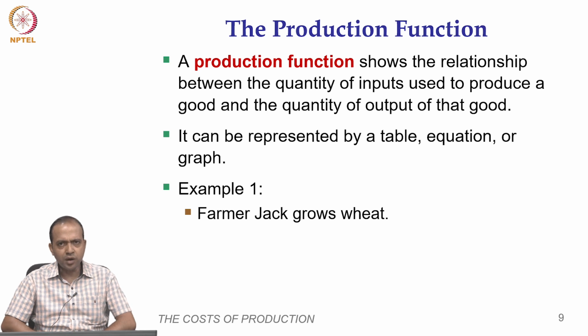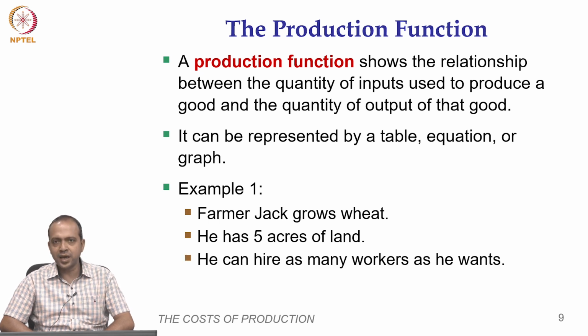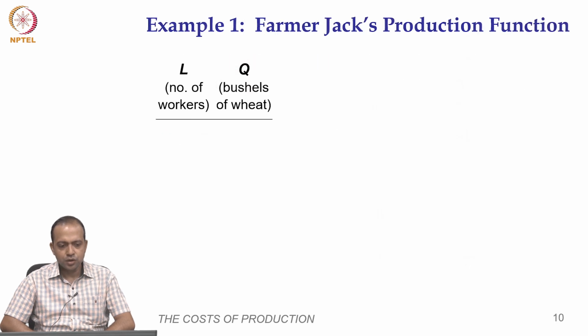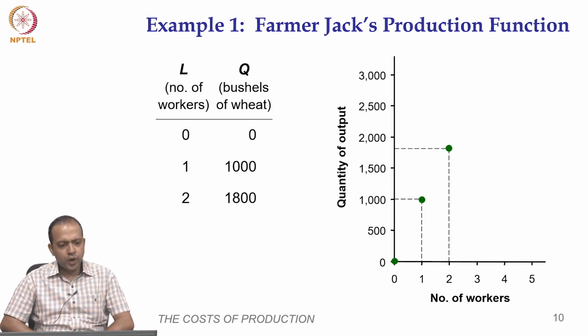So, there is a farmer whose name is Jack, and Jack grows wheat, and he has 5 acres of land, and he can hire as many workers or laborers as he wants. So, now look at what is happening to the labor and output relationship. When output is 0, no labor is hired.